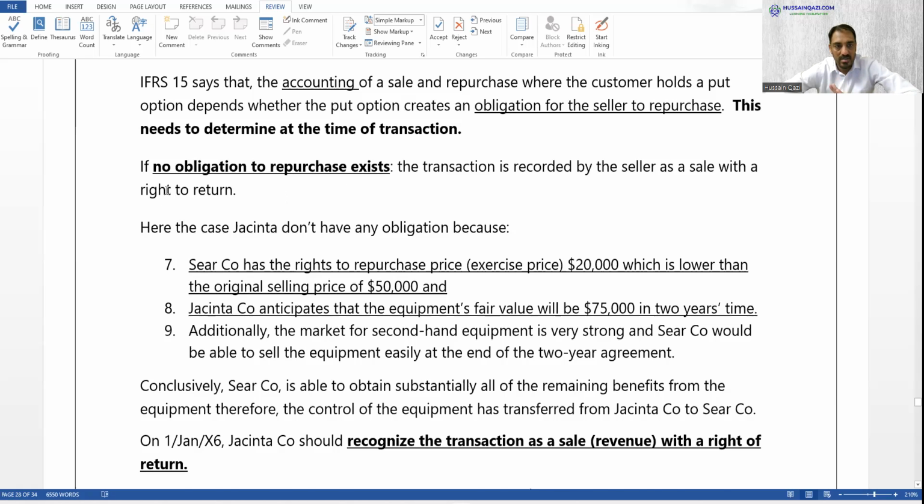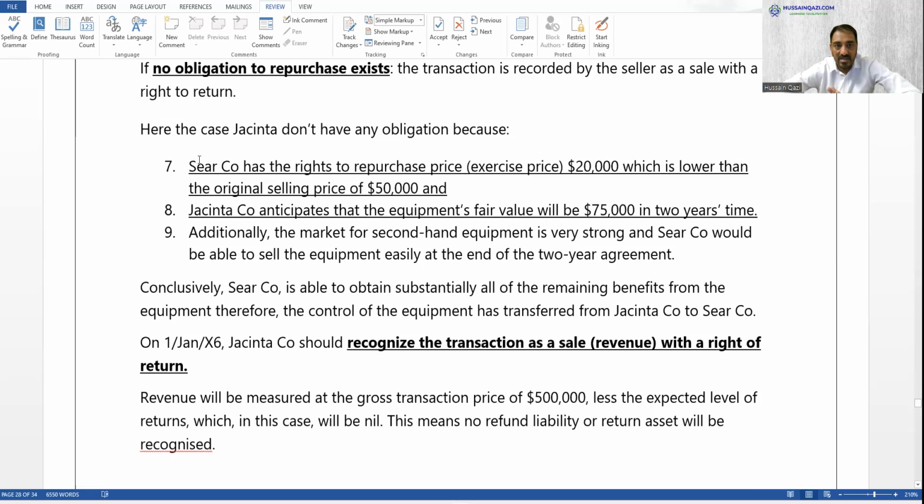That's all. Here is the case about Jacinta. You don't have an obligation, but you need to justify your answer. Why? Number one, Jacinta has a right to repurchase at an exercise price of 20,000, lower than the original price of 50,000.